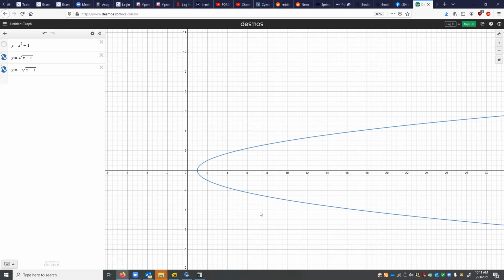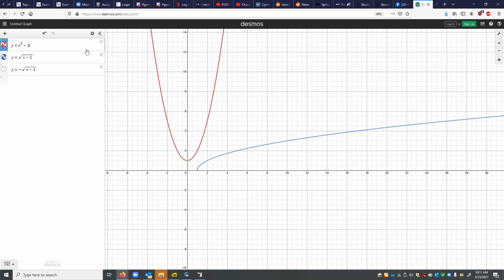So in order to make the blue thing a function, I need to throw away half of it. And that would be the half corresponding to the left half of this parabola. So if I restrict the original red function's domain like this, then this is a one-to-one function, and the inverse of this one-to-one function is this, which is also a function.